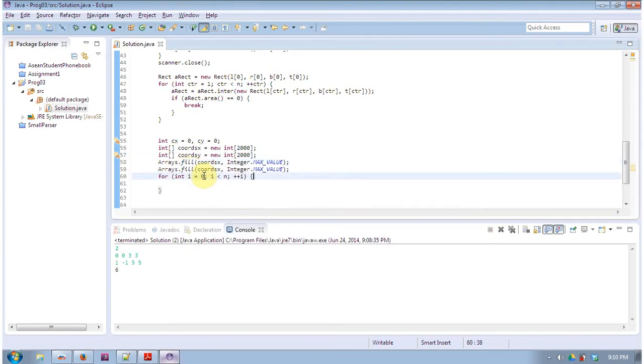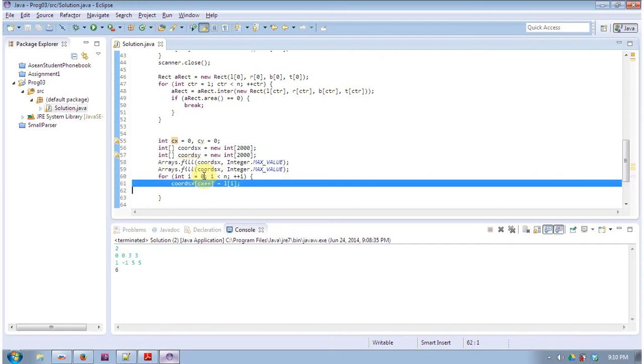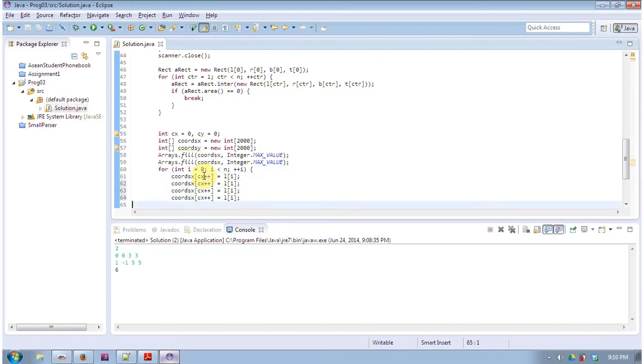Okay, so we have coords of cx is equal to l of i, and then increment it. So do the same for cx, cy, cx, and cy, L, B, R, T.